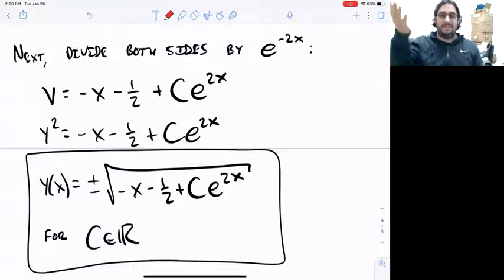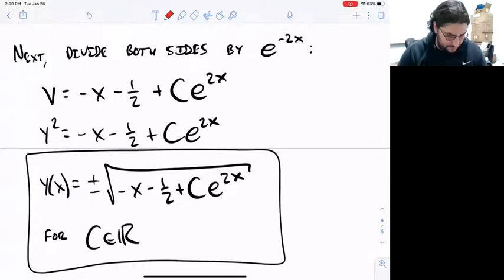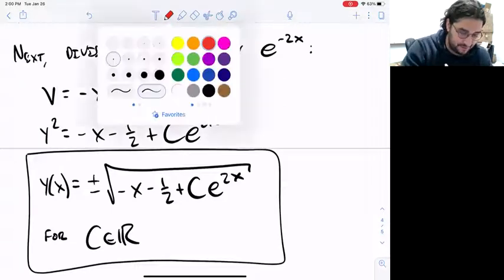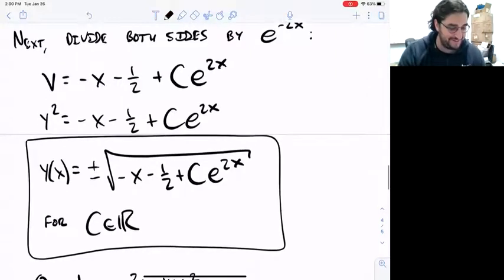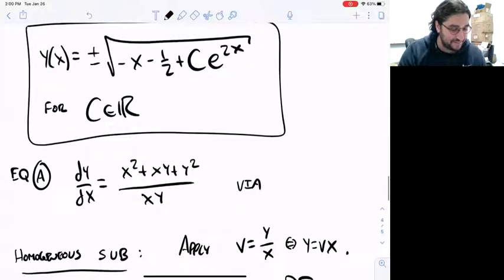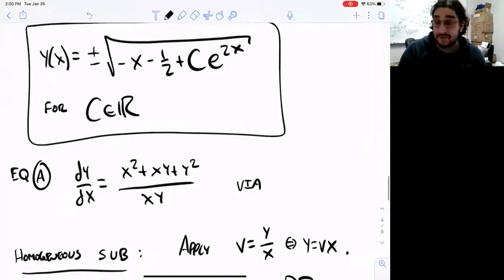You would just say, depending on whether the y coordinate of the given initial condition was positive or negative, you would know whether that would be plus or minus. So that's our general solution to equation B for the Bernoulli. B is for Bernoulli on some days. So that's our Bernoulli sub solution.